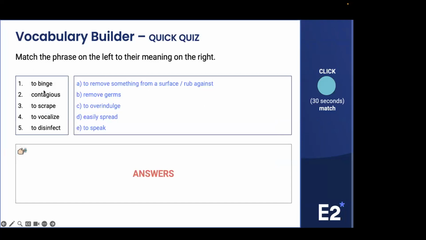Okay, can you match the words on the left, 1, 2, 3, 4, 5, with the letters on the right? Work quickly. It says 30 seconds, but I'm going to give you about a minute. So match 1, 2, 3, 4, 5 with A, B, C, D, E in the chat box.